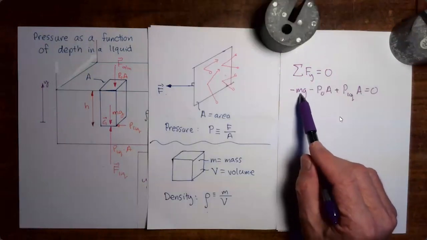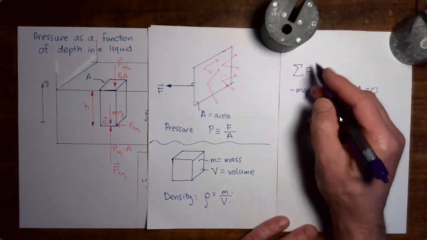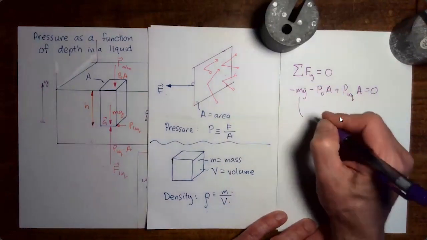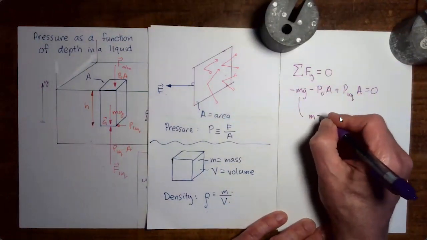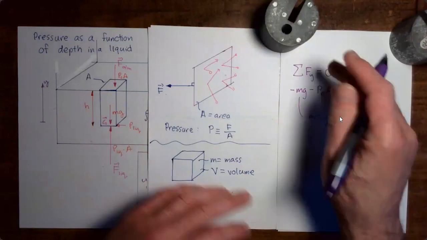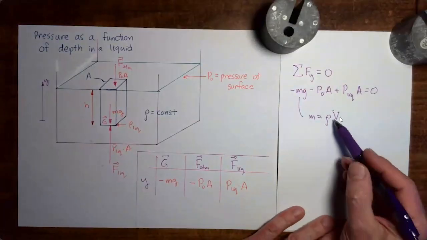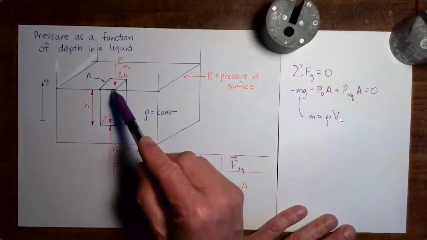Before we proceed, I'd like to play around with the mass of the liquid column a bit. Remember that the density of some piece of material is equal to the mass of that piece divided by the volume it occupies. So if you look at the mass of the liquid column that appears right there, we can say that that is the density of the liquid times the volume occupied by that column. All right, what would be the volume of this column?